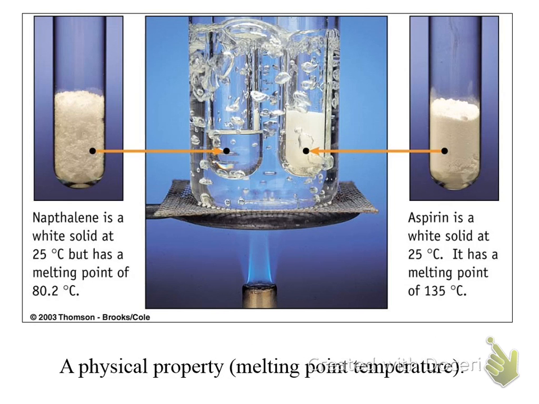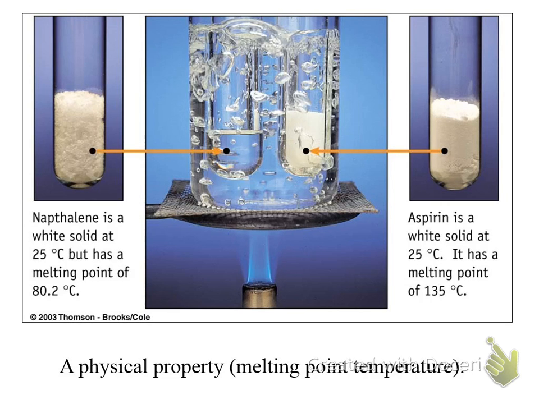So this is an example of the physical property of melting point temperature. Things melt or boil or freeze or condense at a particular temperature depending upon what the substance is. So the boiling point temperature of water is about 100 Celsius.